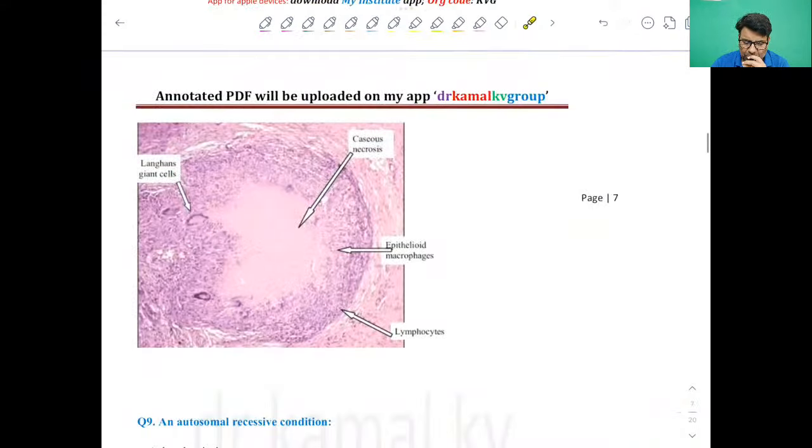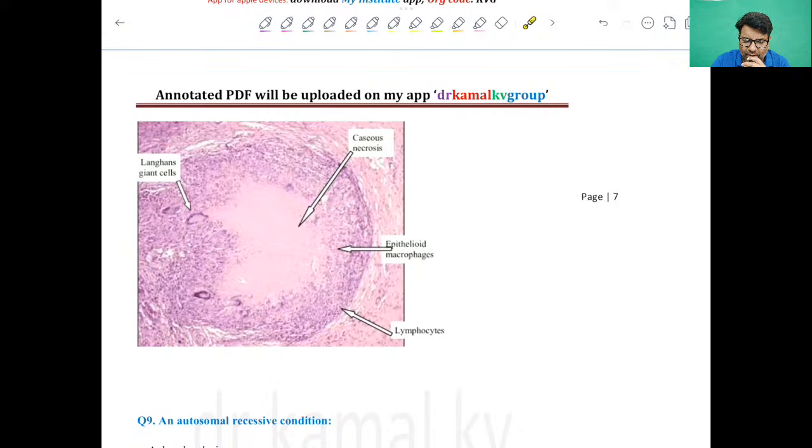And just to show you with the help of an image, in the center you can see this is caseous necrosis, cheese-like material, and the rim is made up of lymphocytes, epithelioid macrophages, and Langerhans giant cells.